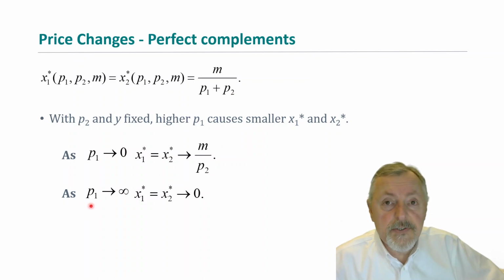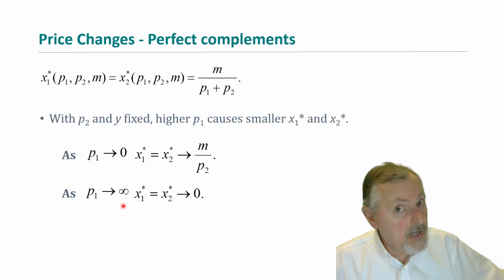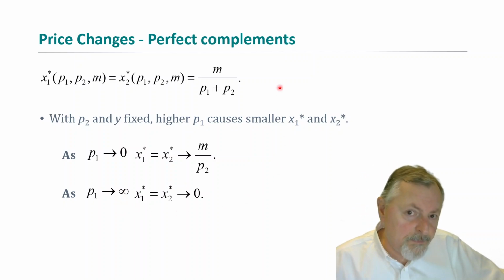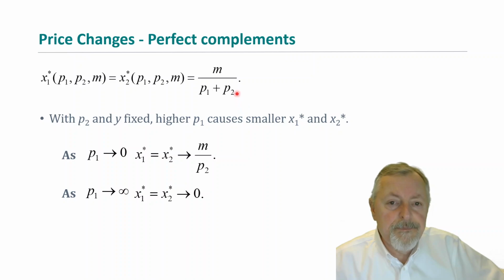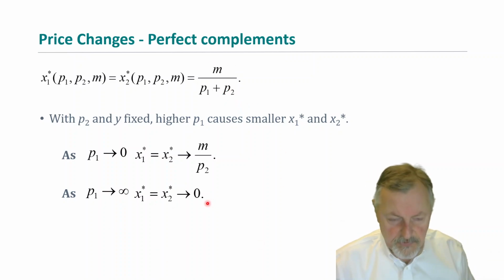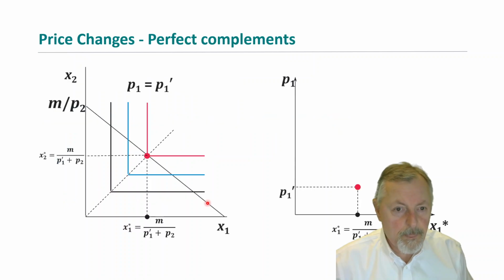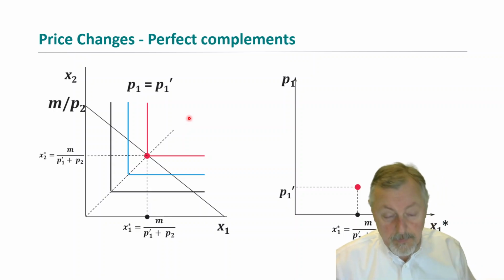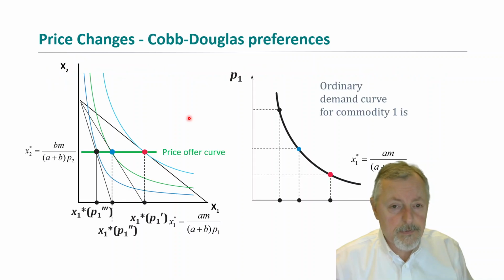As the price of commodity 1 goes in the other direction and gets infinitely large, you can see from this term that this approaches 0. Same as you see there. So, this would be the price expansion path, or, oh goodness, I've forgotten, price offer curve.